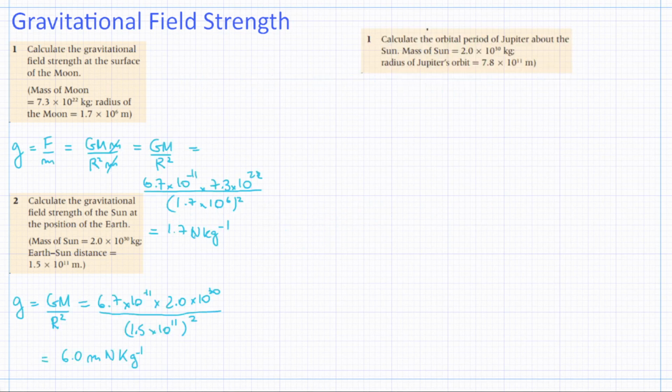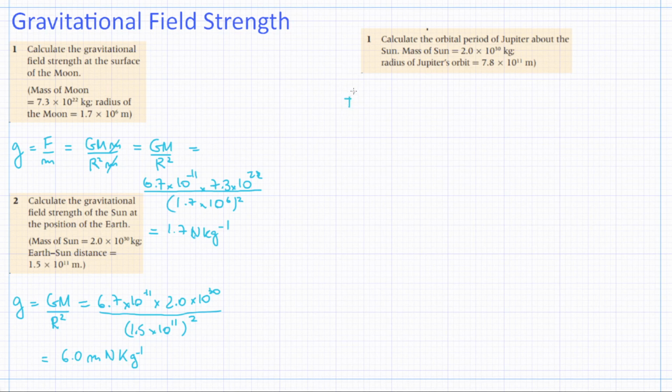Okay, so calculate the orbital period of Jupiter about the Sun. So we're given the mass of the Sun and the radius of Jupiter's orbit. So here in this case, we'll have to apply the equation that we have just found, right? That proves Kepler's third law. So it's the period squared.